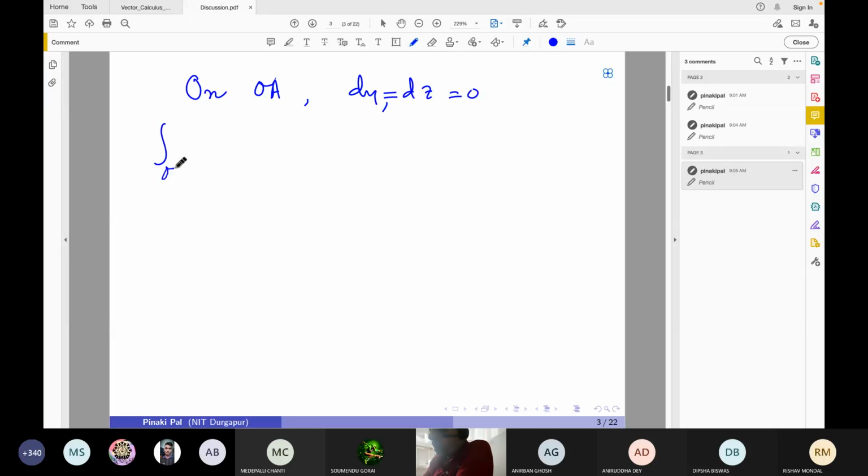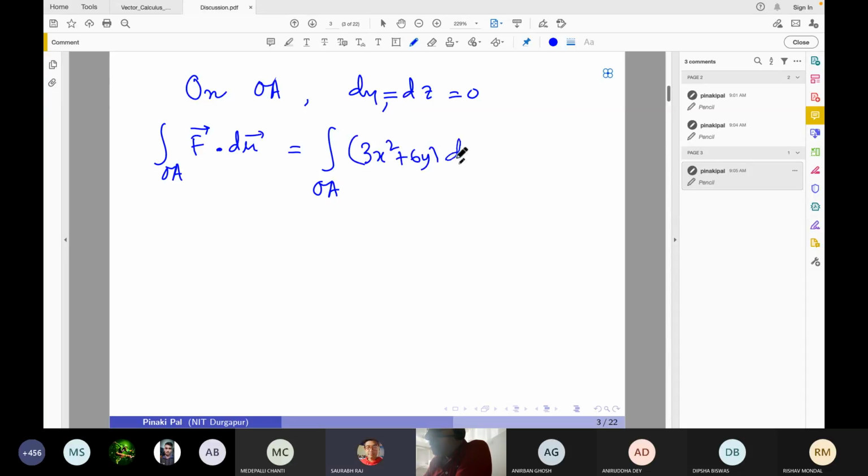Therefore the integral over OA of F dot dr is equal to the integral over OA of 3x square plus 6y dx minus 14yz dy plus 20xz square dz.